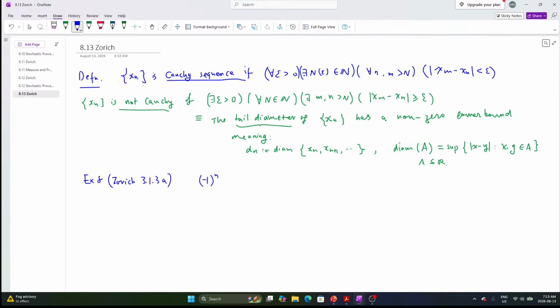Now, this is not Cauchy, because the tail diameter is a constant, since dn is a constant. This should be obvious.